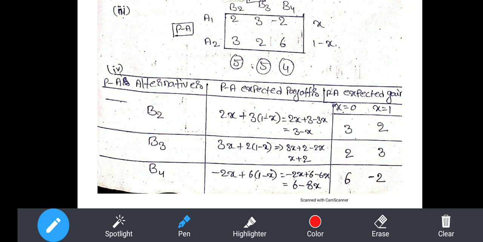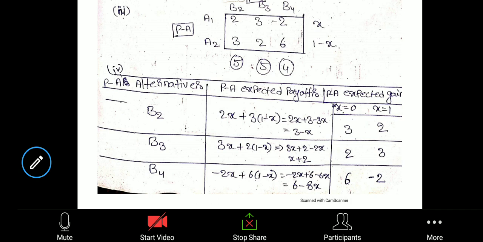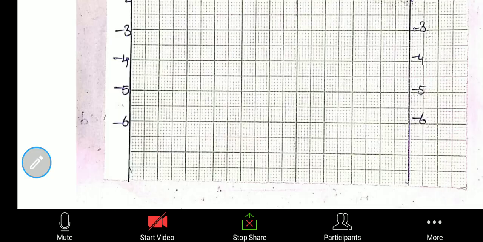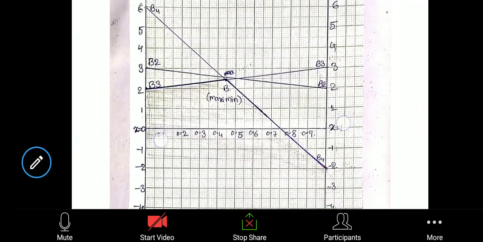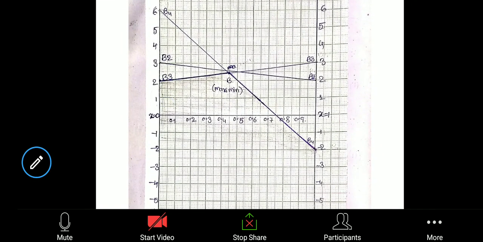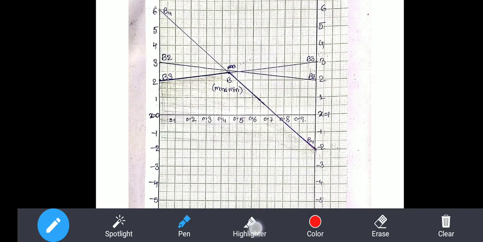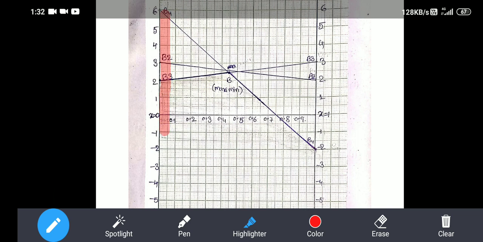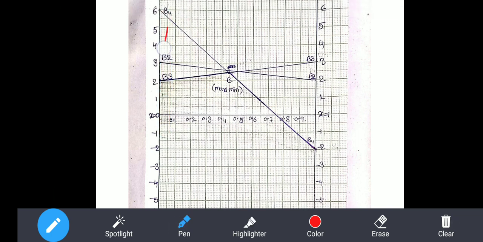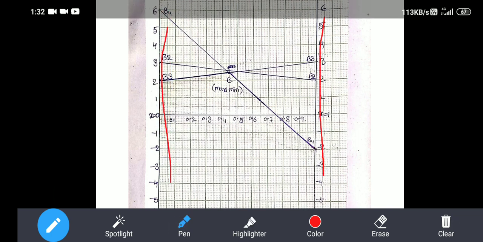By using this, I am going to draw the graph. You can observe clearly here that two vertical lines are considered, x equal to 0 and x equal to 1.